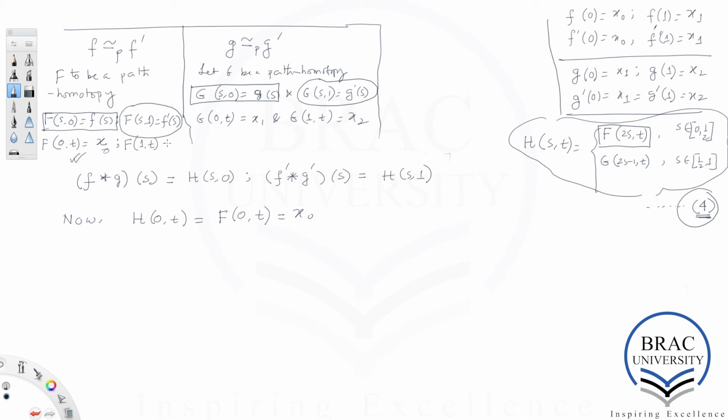F(1, t) is x1. So H(0, t) is x0. And H(1, t): we plug in 1 in this expression of H(s, t), so when we take s to be equal to 1, the second formula holds, and this is just G(1, t), right? And G(1, t) is x2.